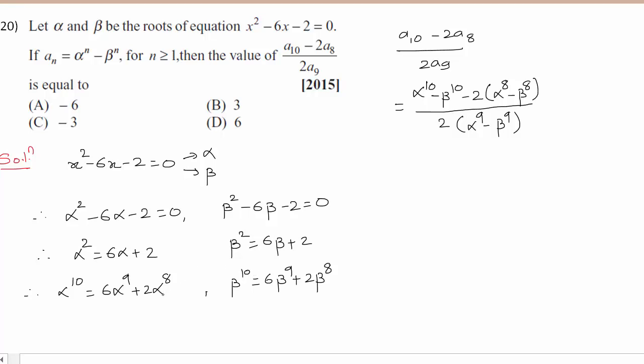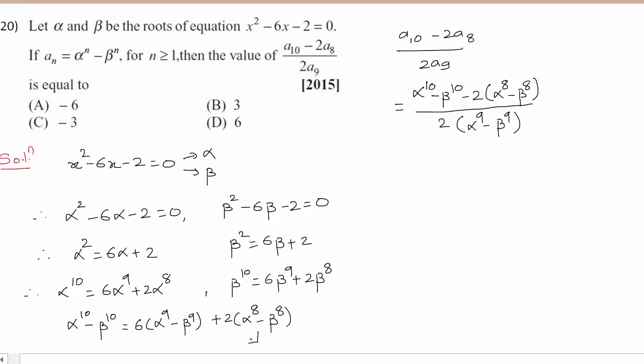Now, if you look at the required expression, slowly you will start realizing that we should subtract these two equations. So if we subtract these two, we get alpha raised to 10 minus beta raised to 10 is 6 times alpha raised to 9 minus beta raised to 9 plus 2 times alpha raised to 8 minus beta raised to 8.